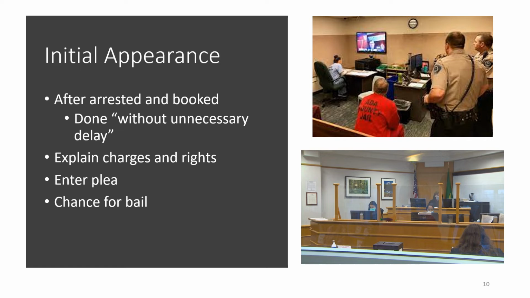And it has to be done without unnecessary delay. Each state has their own rules in place on how quickly this must happen. It's got to be 48 hours in Texas for misdemeanors and 72 for felonies. At this initial appearance, the judge explains their rights. They're offered a chance to plea, and they're also typically given their chance for bail.